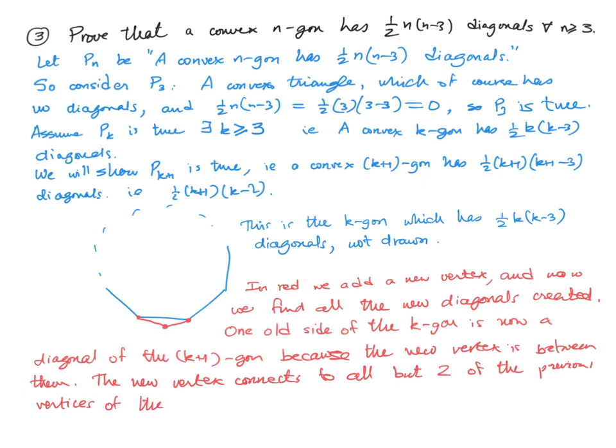In other words, k minus 2 new diagonals from the new vertex.